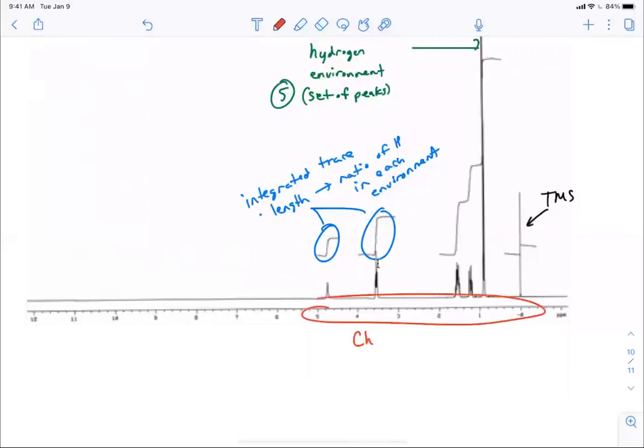This down here is the chemical shift. What that tells you is the type of hydrogen functional group you have. If you refer to the tables in the data booklet, there's a whole list of them with a bolded hydrogen.